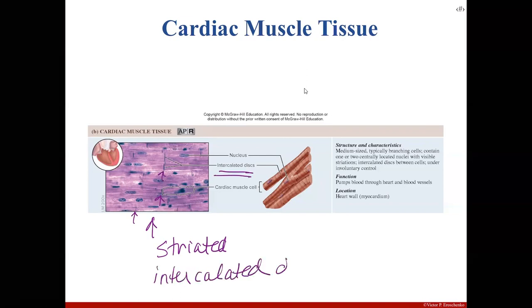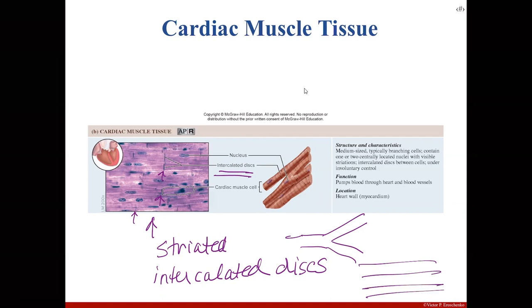Those intercalated discs are junctions between the cells, so it allows the cells to communicate with each other and to stay bound together so that the heart doesn't come apart. The other thing about cardiac muscle cells is they're branched, so they're not just straight like skeletal muscle.